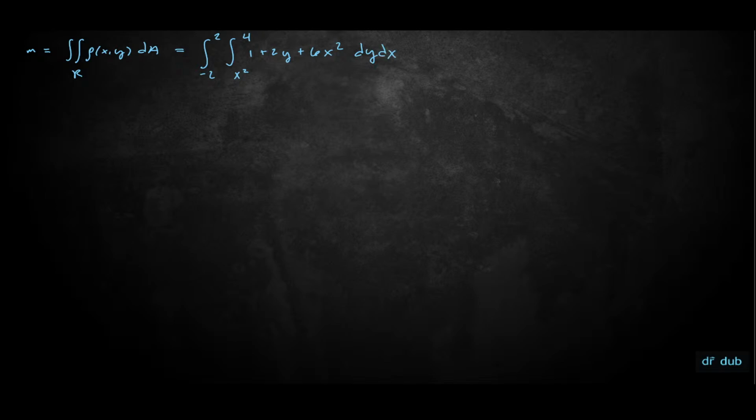This will give us the total mass of our lamina. Integrating with respect to y, we get y plus y squared plus 6x squared y, from x squared to 4, dx.